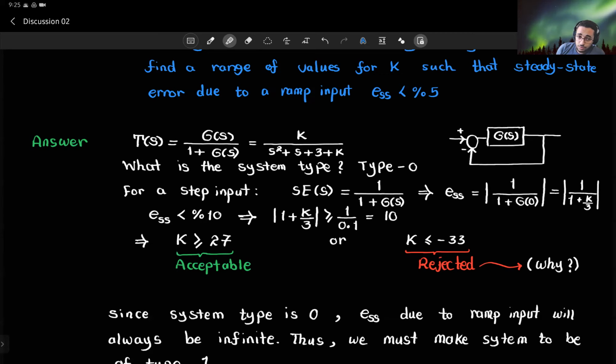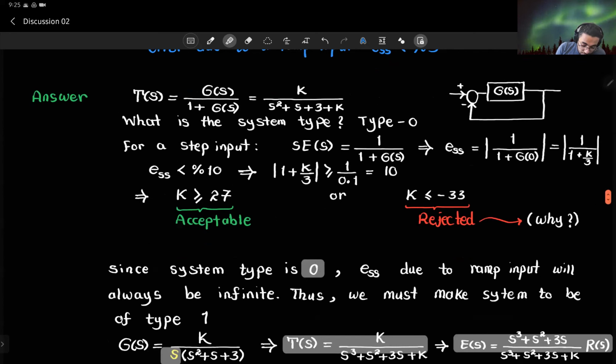And so in order to make the steady state error due to a ramp input finite, you need to change the type of the system, right? In this case, you want to change the system from type 0 to a type 1 system, because the type 1 system is the type of system that will have a finite steady state error due to a ramp input.